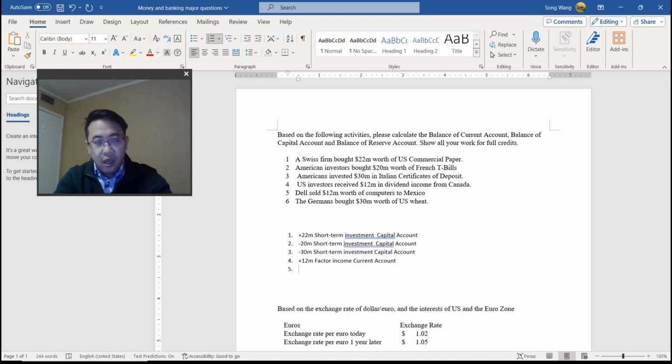Okay. Number 5, Dell sold 12 million worth of computers to Mexico. And if you sell something, what about the money? You are receiving the money, 12 million, and that is from exports, the export of goods, not services. You are making money by exporting goods.